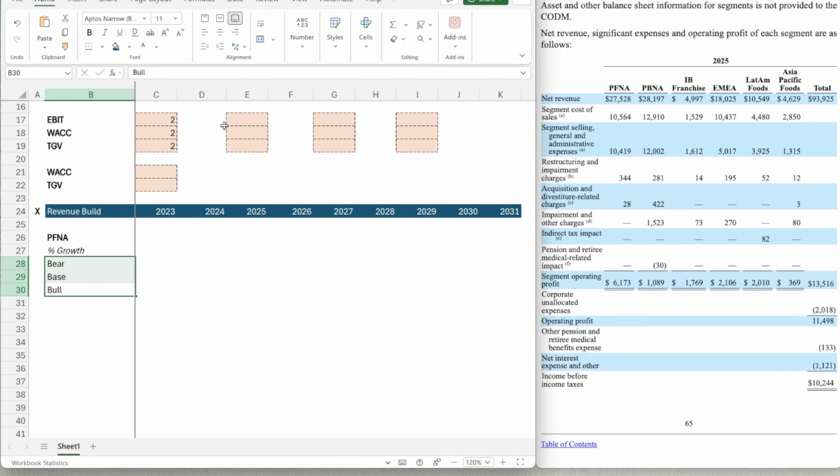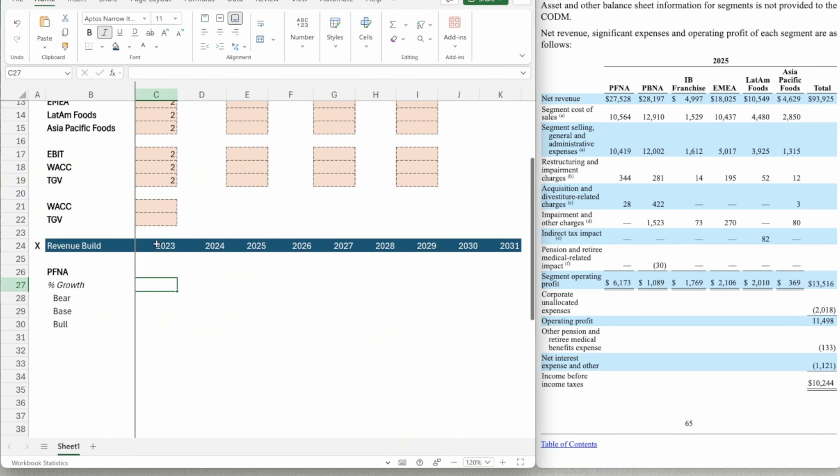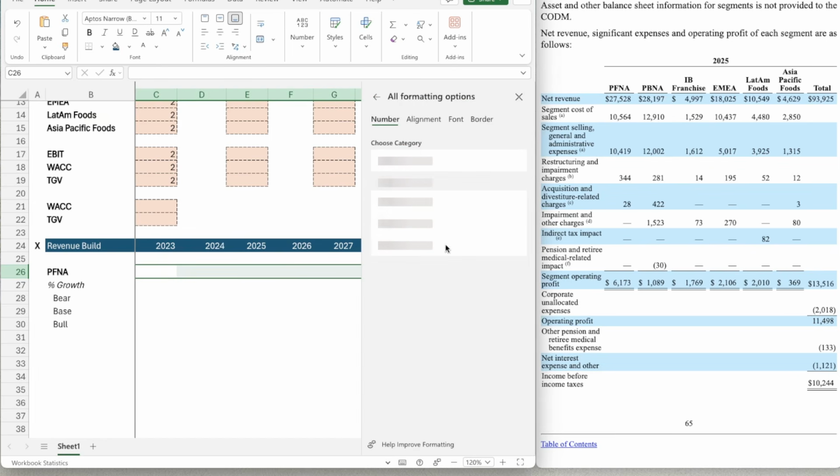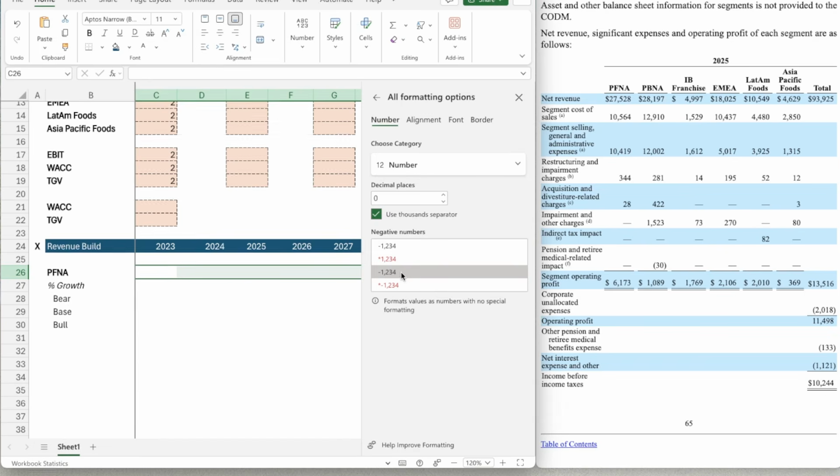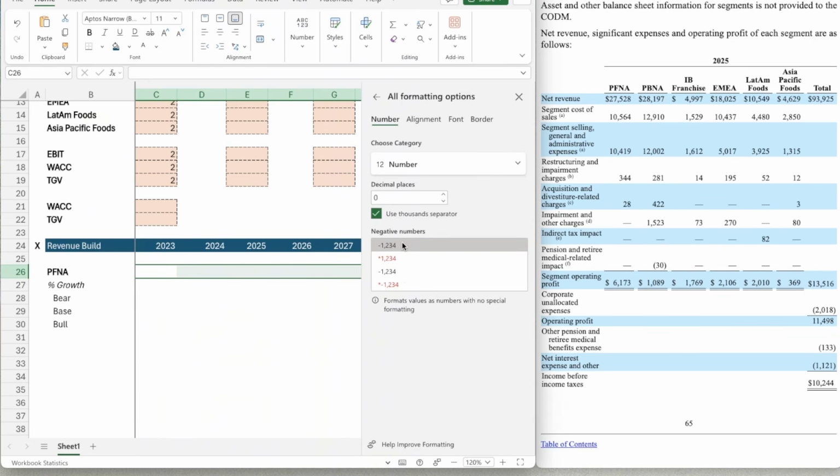This one might take a little while to do, but we'll eventually just start copying and pasting and fill in the correct numbers. It doesn't let us show negative numbers in parentheses. Strange.